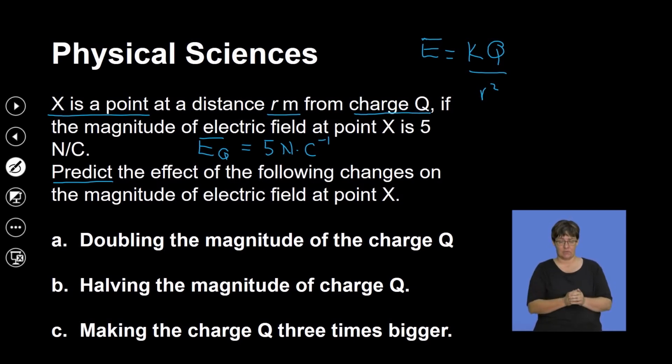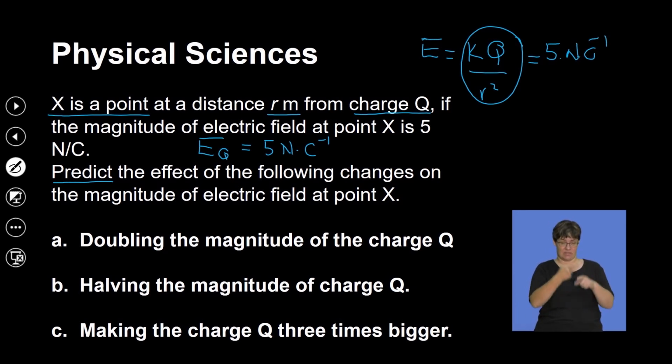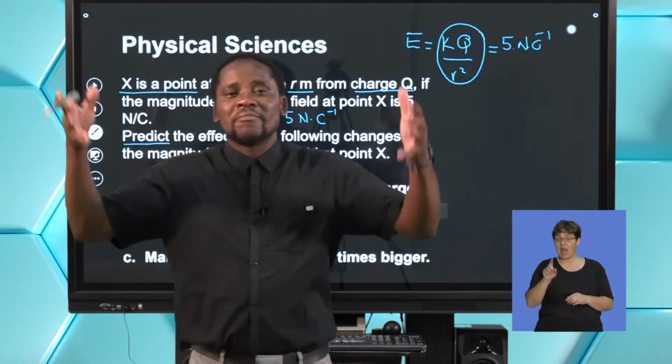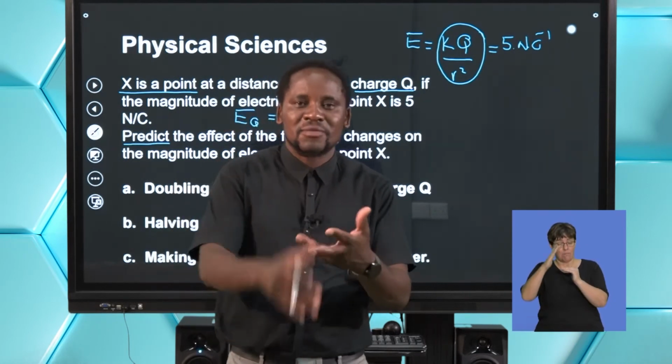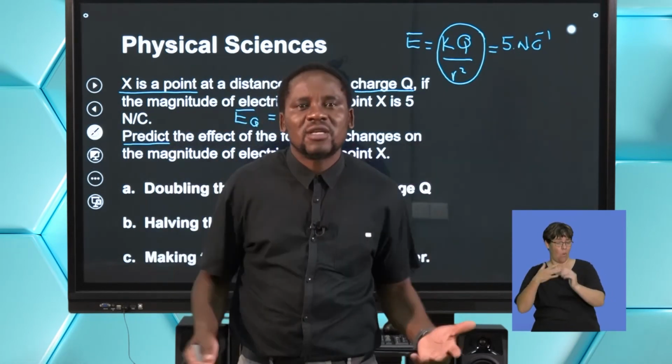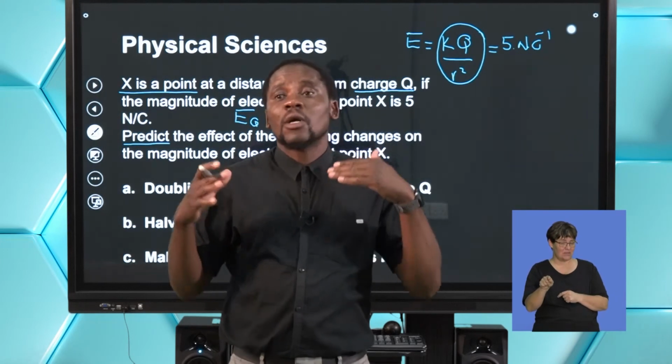Okay, so we know that this E is equal to 5 newtons per coulomb in terms of magnitude. But now, if we double the charge, the question that remains is, does the value of E at that point increase, decrease, or remain the same? That's the line of thinking that we want to use.